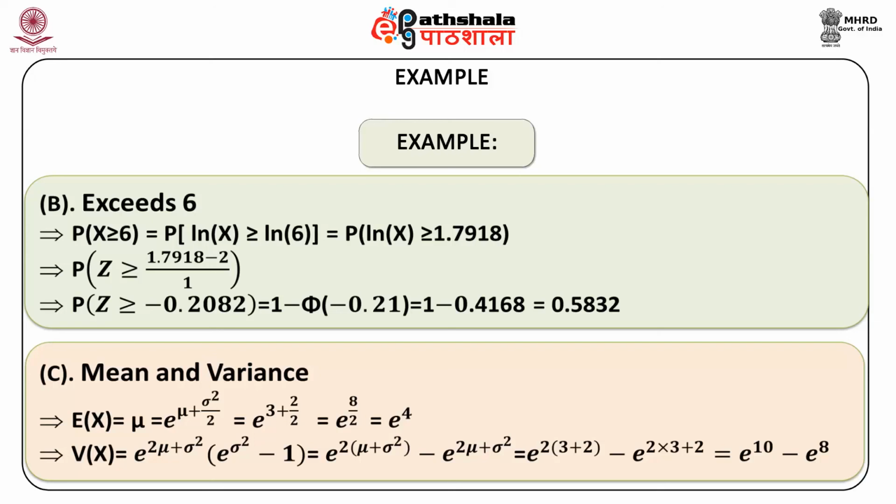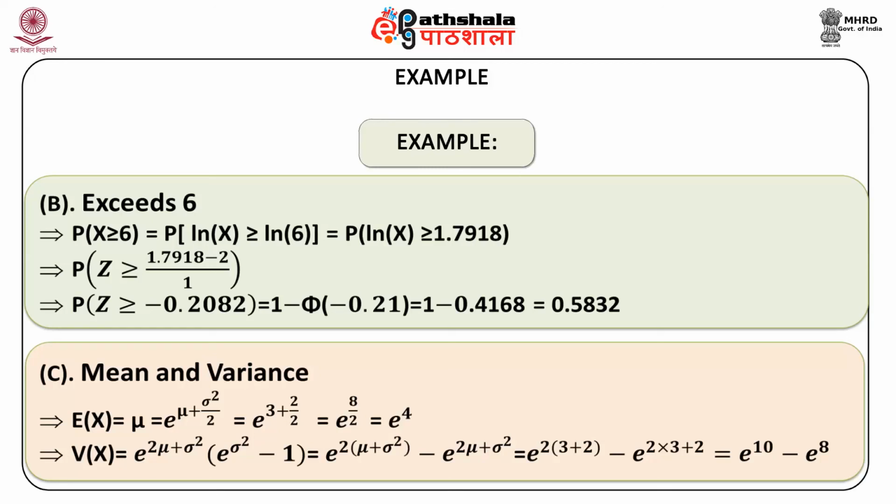We know the expected value of x is equal to e raised to the power of mu plus sigma squared divided by 2, which is equal to e raised to the power of 3 plus 4 divided by 2, which is equal to e raised to the power of 8 divided by 2, which is equal to e raised to the power of 4.